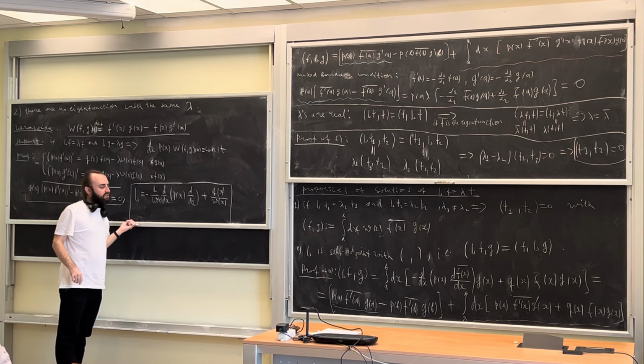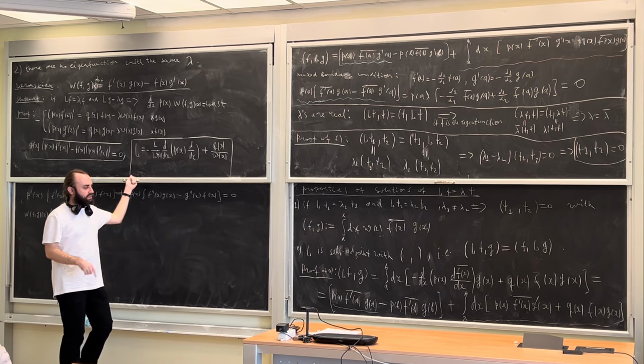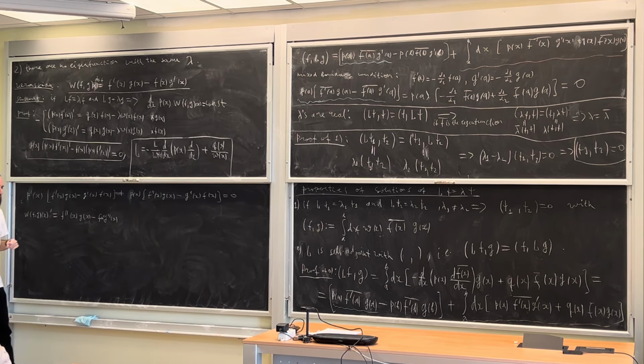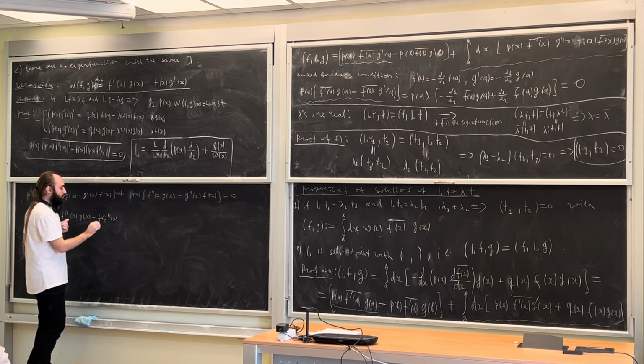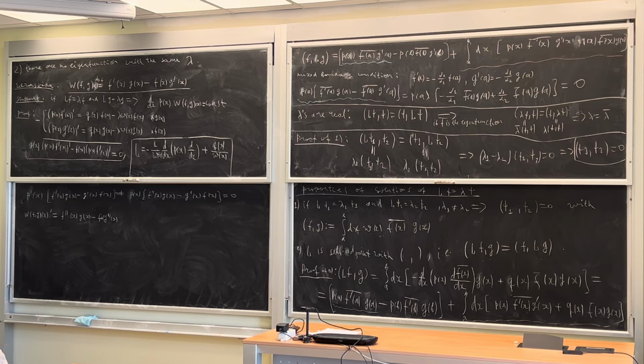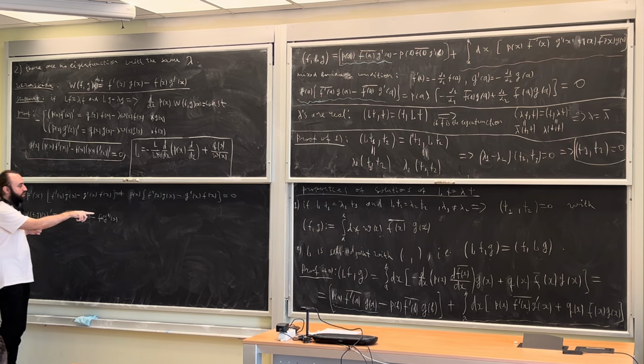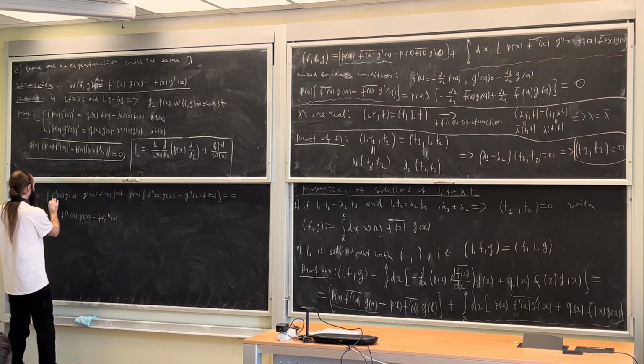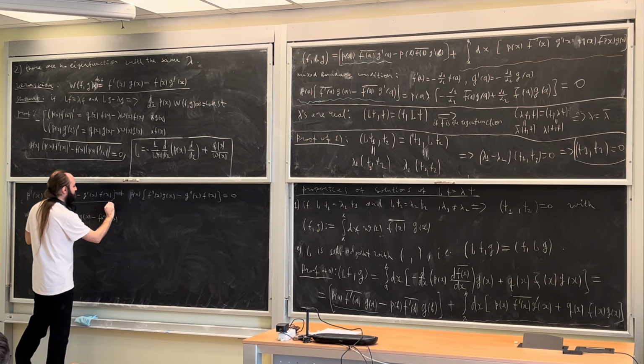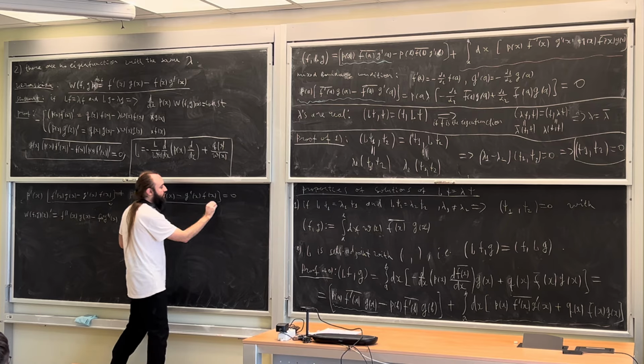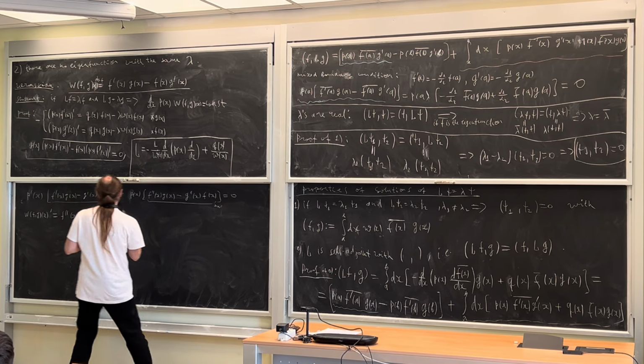It's in some sense the same computation as we need to do to prove self-adjointness of this operator. So everything follows from each other. We see that this expression is the Wronskian, and this expression is the Wronskian prime.